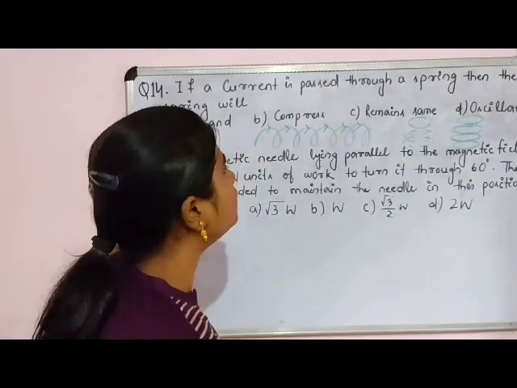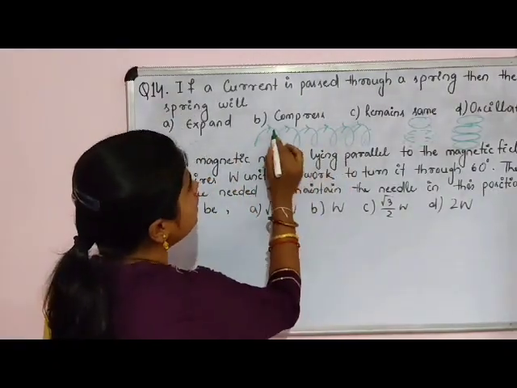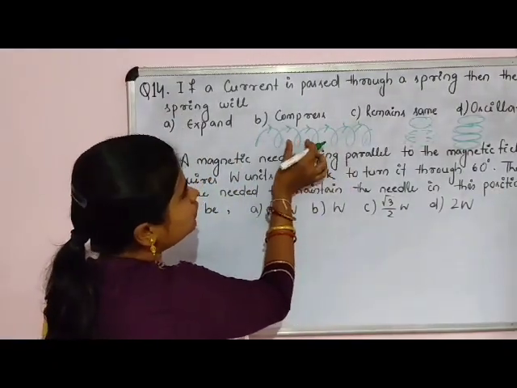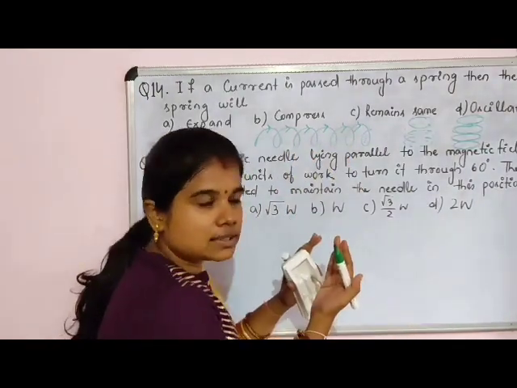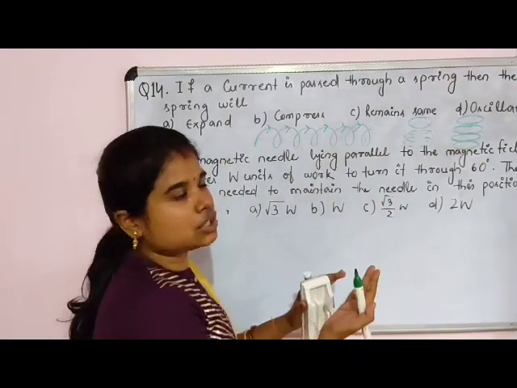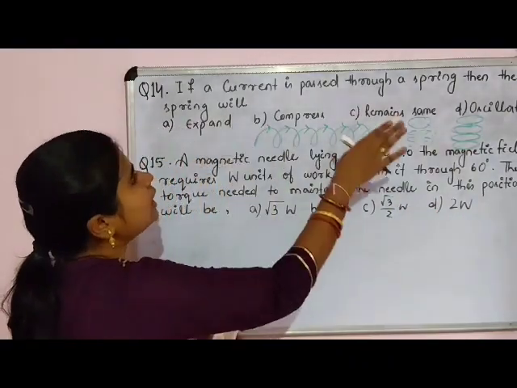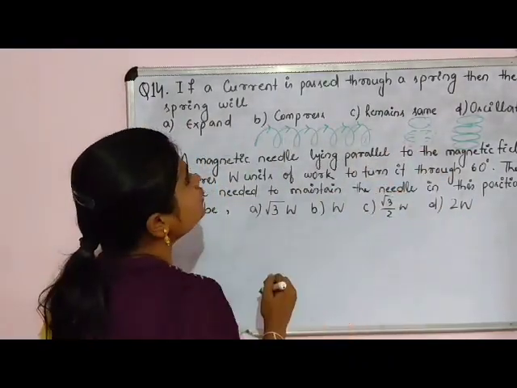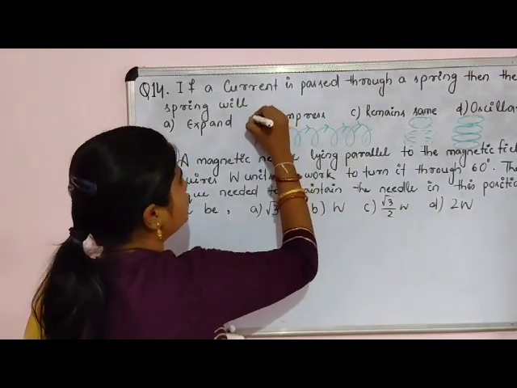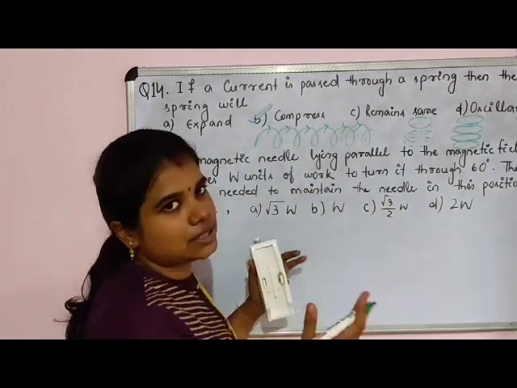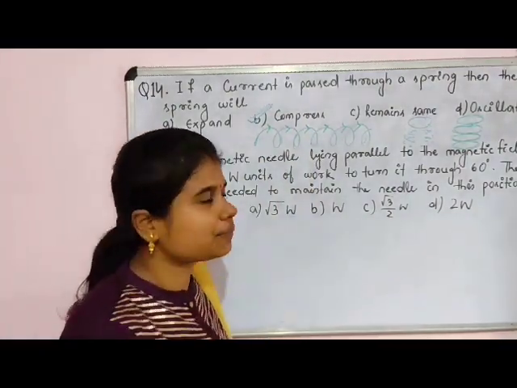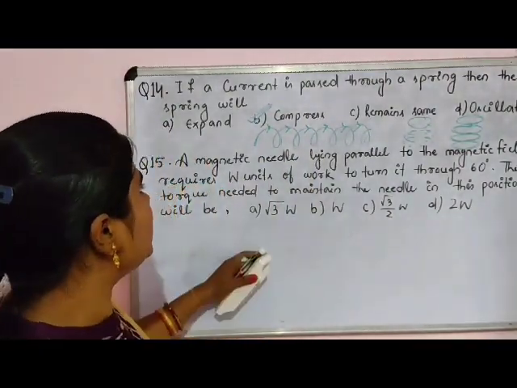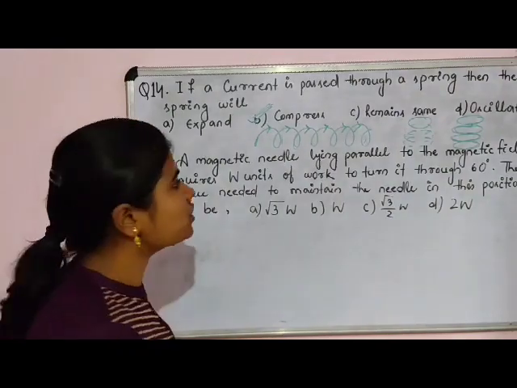In a similar manner, you can see here also these two consecutive circular turns of the spring will attract each other. Since they are attracting each other, we can say when the current is passing through the spring, it will be compressed. Okay. Now this is the answer for this question, that the spring will be compressed. Okay. Next we will go to the 15th question.